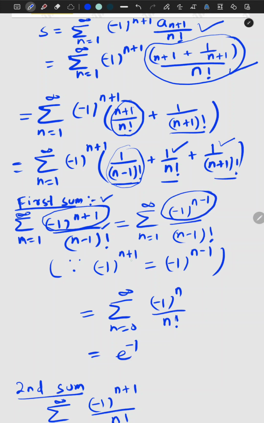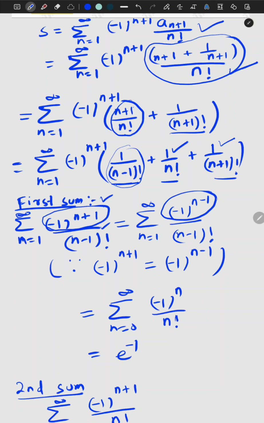If we put n equal to 0, it gives minus 1, and minus 1 to the power minus 1 is also minus 1. If we put n equal to 1, it gives 1, and on the right-hand side, 1 minus 1 gives 0, so it is also 1. So every time minus 1 to the power (n plus 1) is the same as minus 1 to the power (n minus 1). So in place of minus 1 to the power (n plus 1), we put minus 1 to the power (n minus 1).